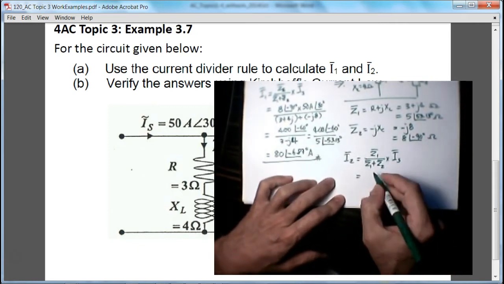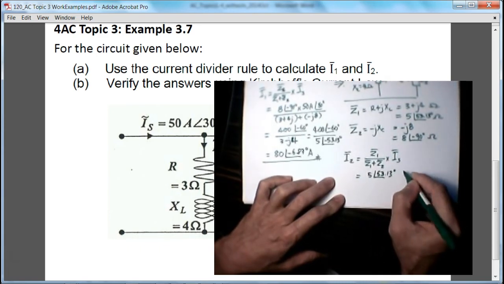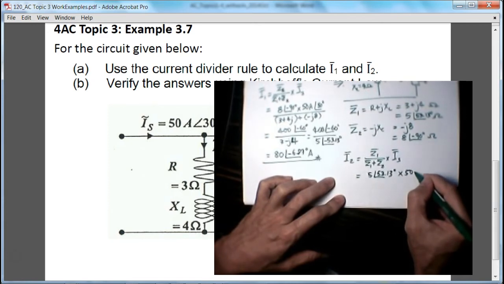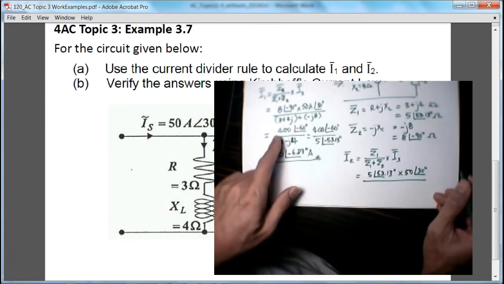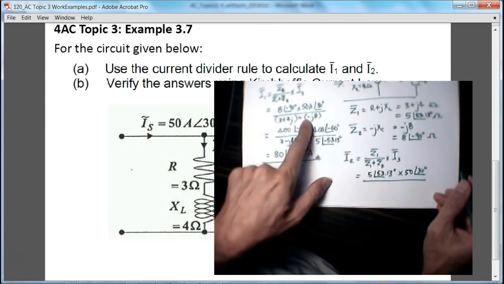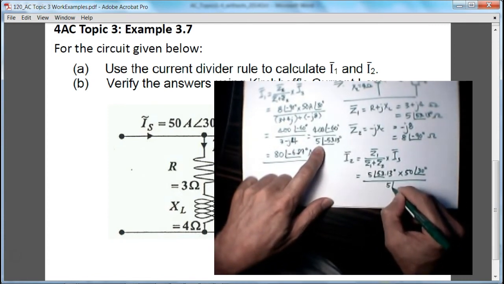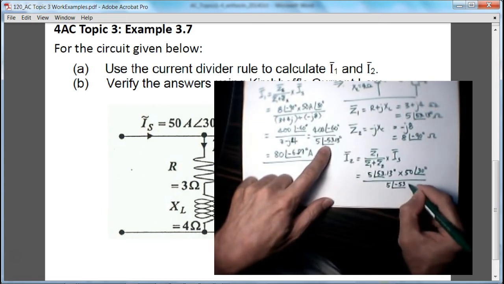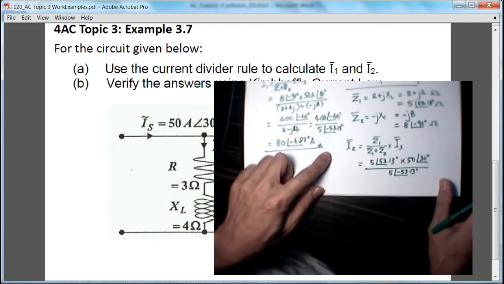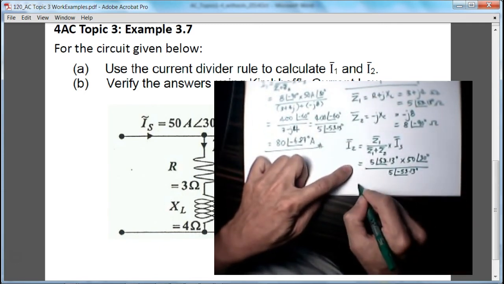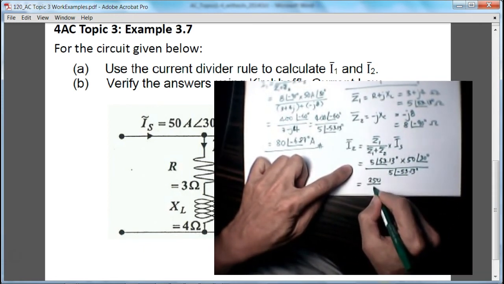Z1 is 5 at an angle of 53.13 degrees, multiplied by the current, which is 50 at an angle of 30 degrees, divided by the same factor we had before, exactly the same: 5 at an angle of minus 53.13 degrees. This gives me 5 times 50, 250, divided by 5.